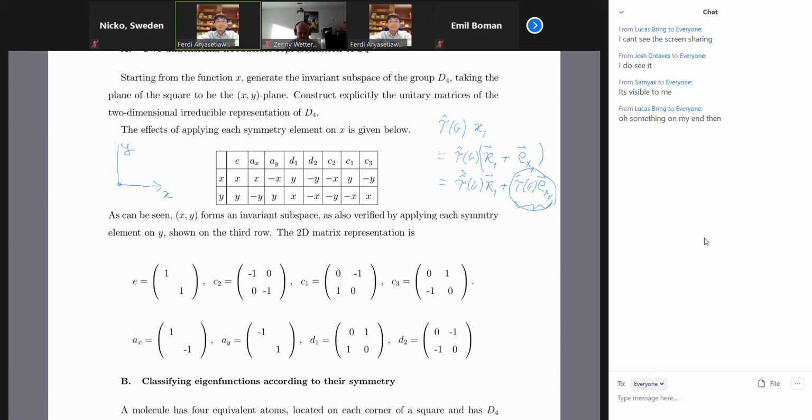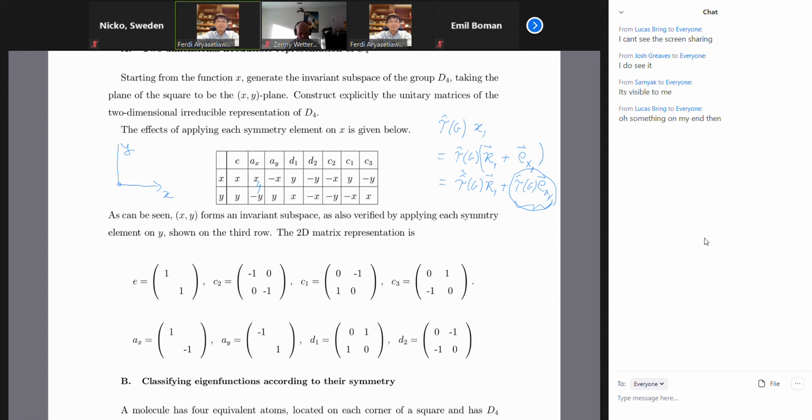So for example, if we take the example we had before, we take AX. AX will bring atom 1 to atom 4. So then this becomes X4 like this.